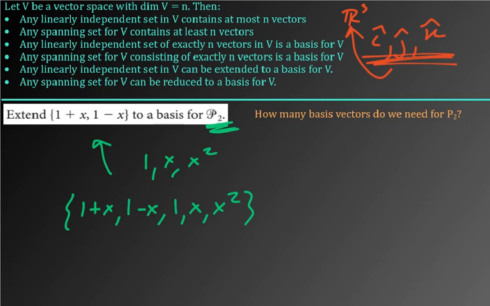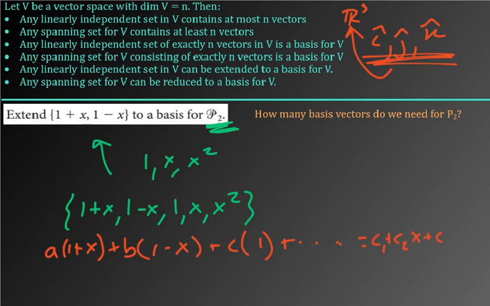The idea is you want to take a of 1 plus x plus b of 1 minus x plus c of 1, plus and so on, and you want it to equal C1 plus C2x plus C3x squared. And then you can solve for a, b, and c over here.